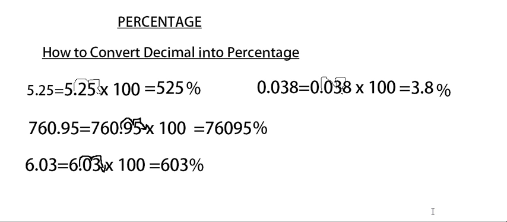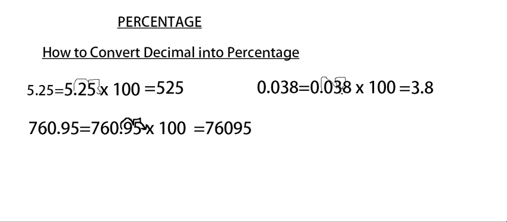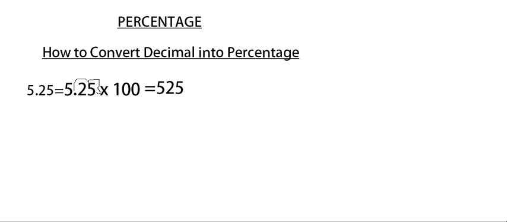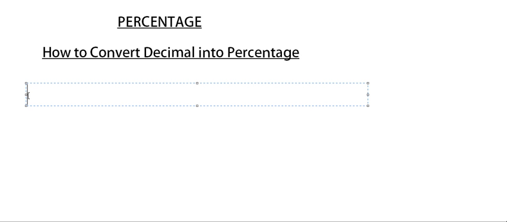So this is very simple. Any decimal number can be converted into percentage by simply multiplying with 100. If the number is, for example, 2.035, and this has to be converted into percentage, then we write 2.035 multiply with 100.